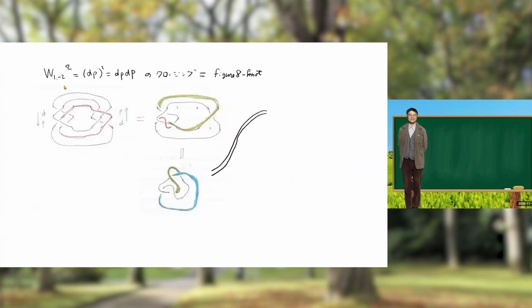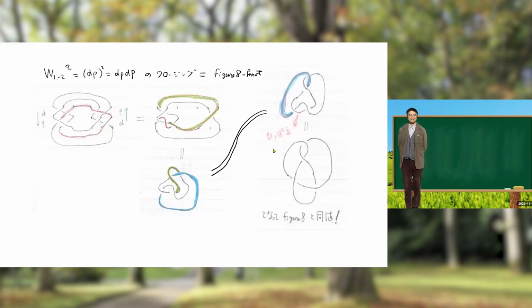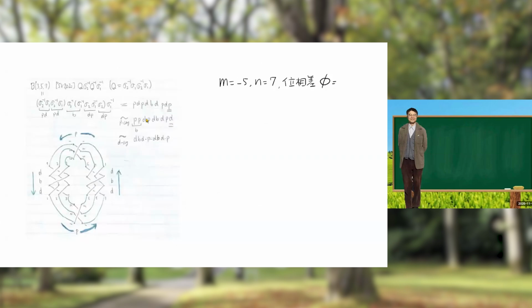And if we double this braid and close it, then we can obtain the so-called figure 8 knot.